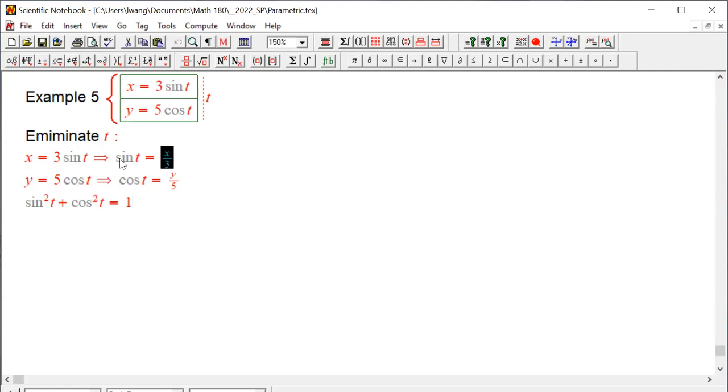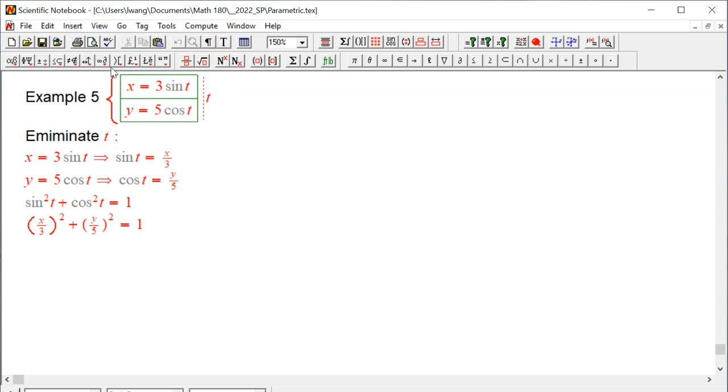So then we're going to replace sine t by its equal, which is x over 3, squared, plus y over 5, squared, equals 1.